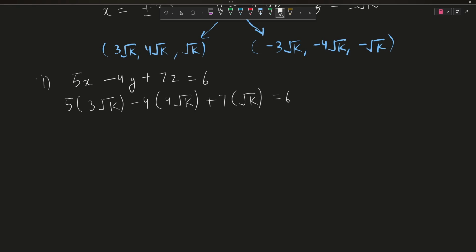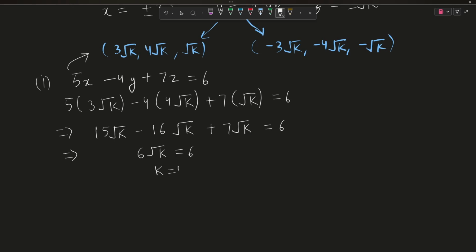I'm solving the first case. So we will be getting 15 root k minus 16 root k plus 7 root k is equal to 6, or 6 root k becomes 6, or k value comes as 1.